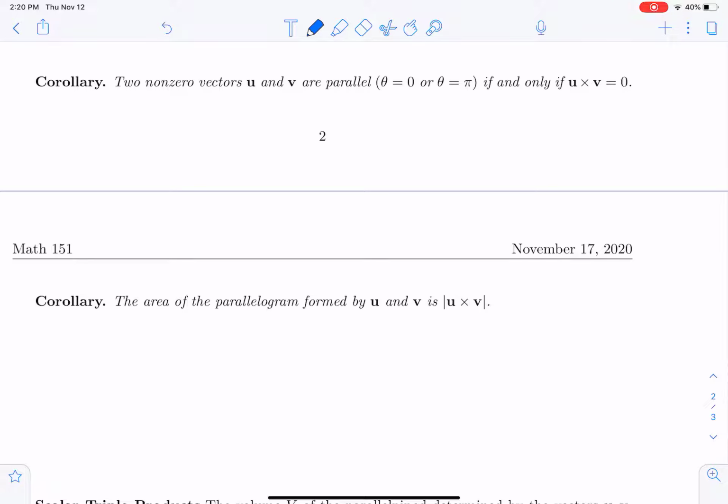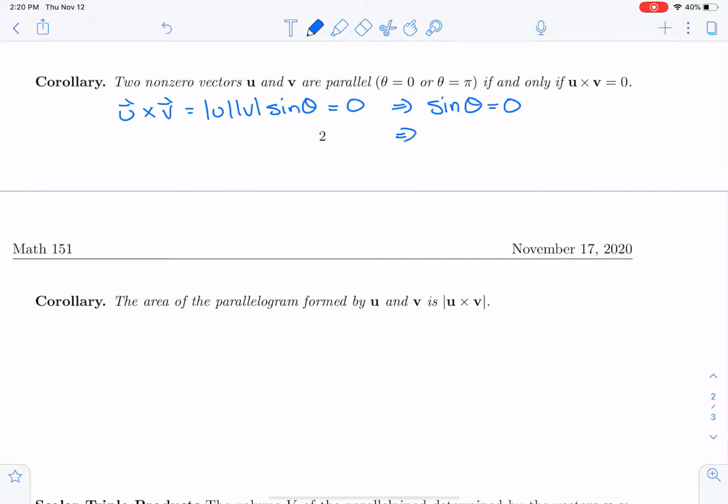So if we have that u cross v is 0, then we have that the magnitude of u, which is not 0, and the magnitude of v, which is not 0 because they're non-zero vectors, times the sine of theta is equal to 0. Well, that tells me that the sine of theta has to be 0, and so theta has to be 0 or pi. And so if you have two parallel vectors, then their cross product is going to be 0.